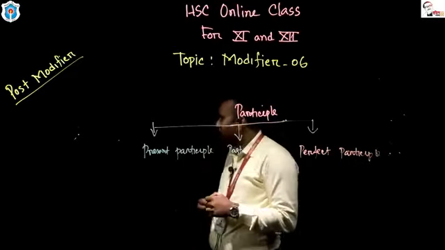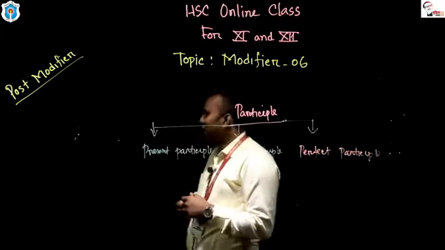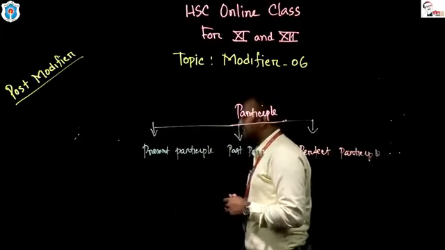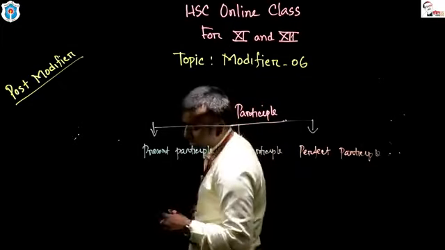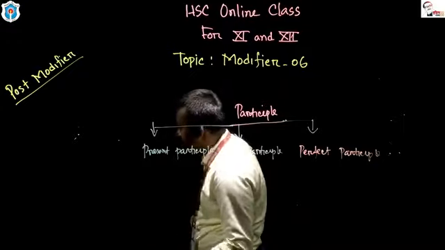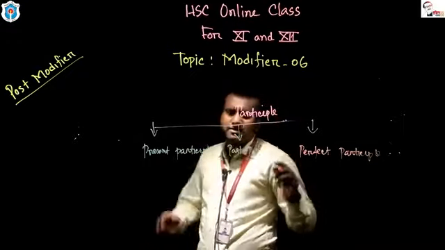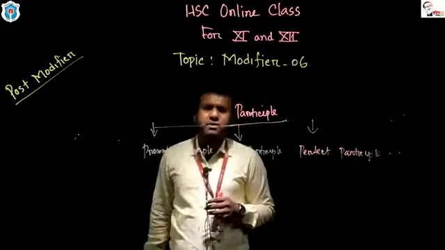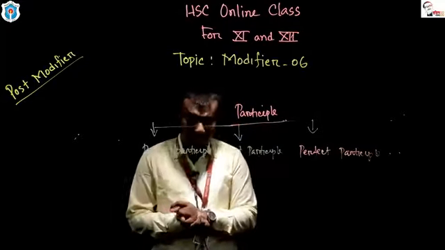We have already passed 40 minutes, my dear students. We have another 10 minutes. So participles are of three types. They are present participle, past participle, and perfect participle.